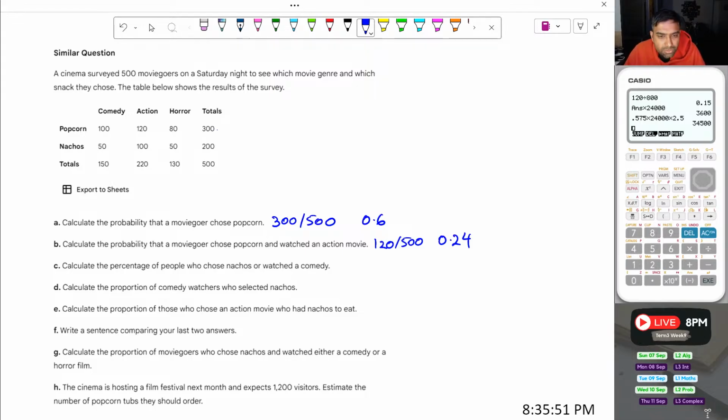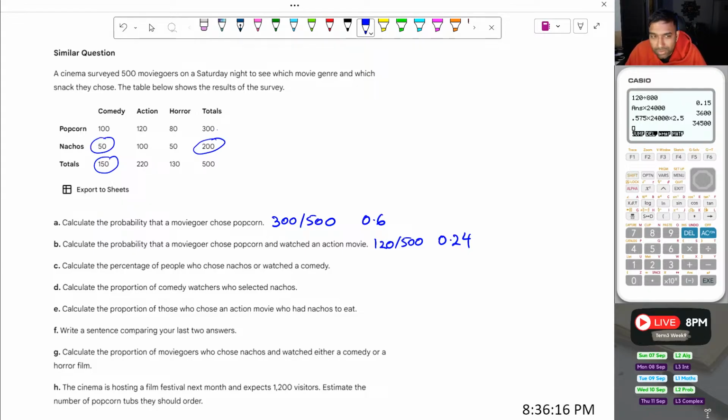Next one, calculate the percentage of people who choose nachos or watched a comedy. Now, this is one of those weird questions that we just did, right? Remember the previous question that we did? If you look at it, nachos is 200 and comedy is 150. But there's 50 that's doing both.